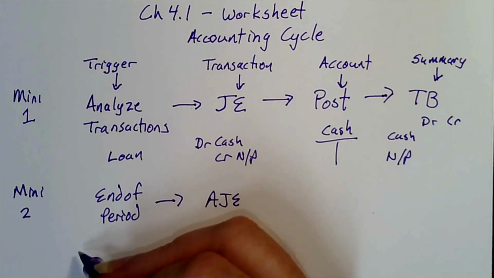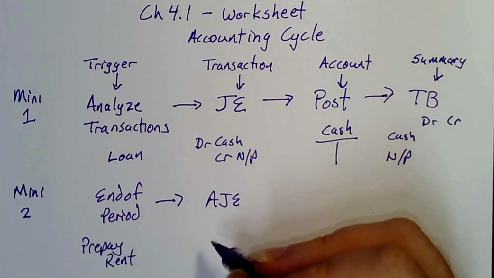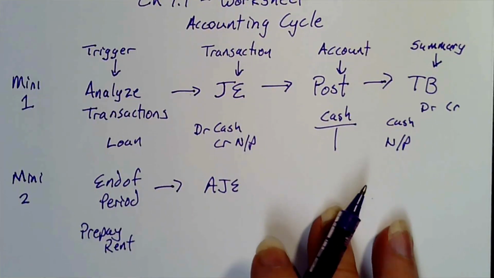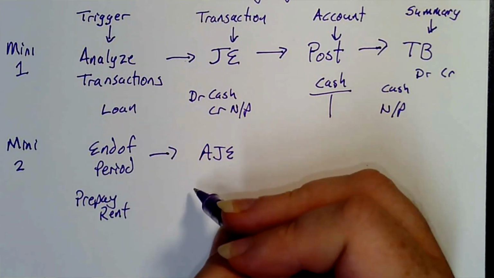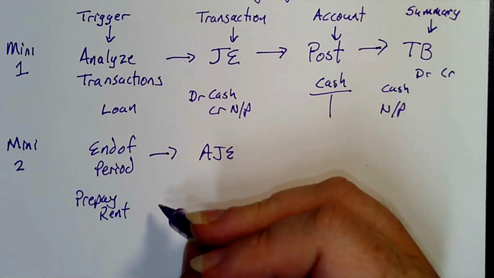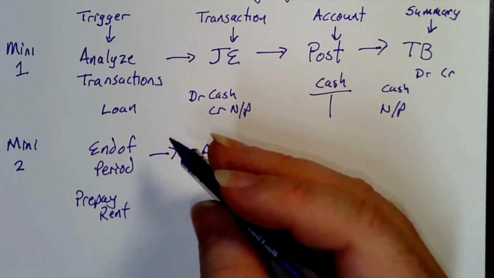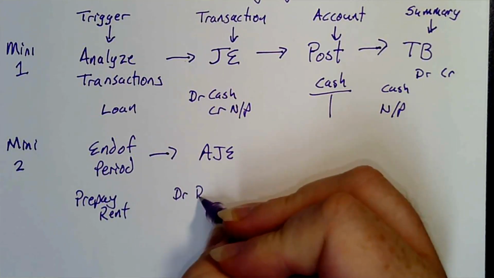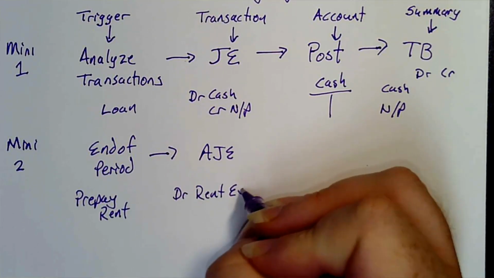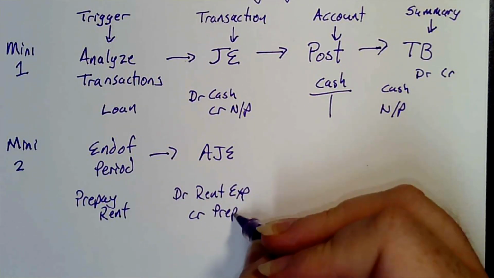For example, let's say we prepaid our rent at some time in the past. At the end of the year or the end of the month, we need to do some sort of transaction that shows we're going to use up part of this prepay. So here, an adjusting journal entry, because time has passed, that's what triggers it. We would debit rent expense and we would credit our prepaid rent.